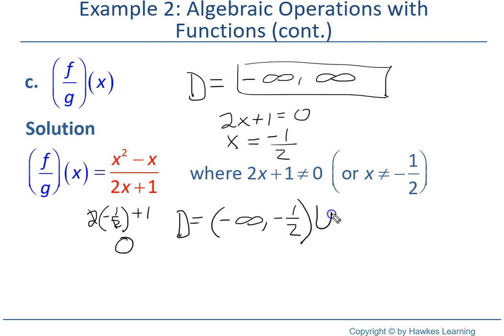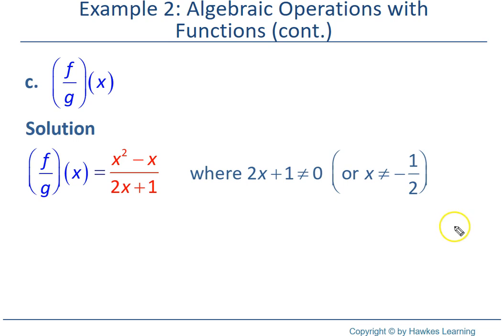But then you would use the union symbol and then start on the other side of negative 1/2, and that would go to positive infinity. And that would be the domain of this function. It would include all real numbers, but not a negative 1/2, because the negative 1/2 would make our denominator a 0.